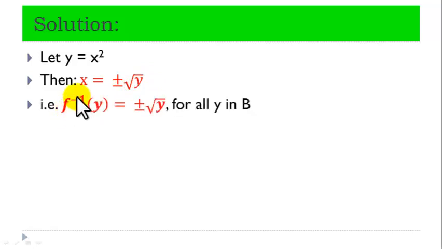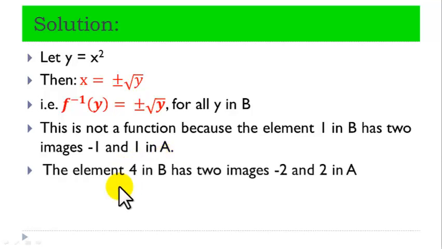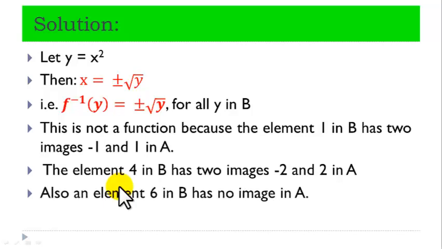That is, f inverse of y is equal to plus or minus the square root of y for all y in the codomain B. This is not a function because the element 1 in B has two images, -1 and 1 in A. The element 4 in B has two images, -2 and 2 in A. Also, the element 6 in B has no image in A.